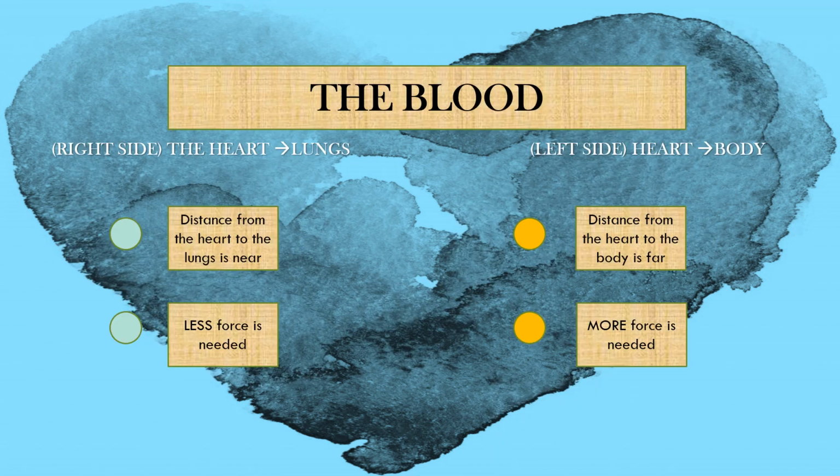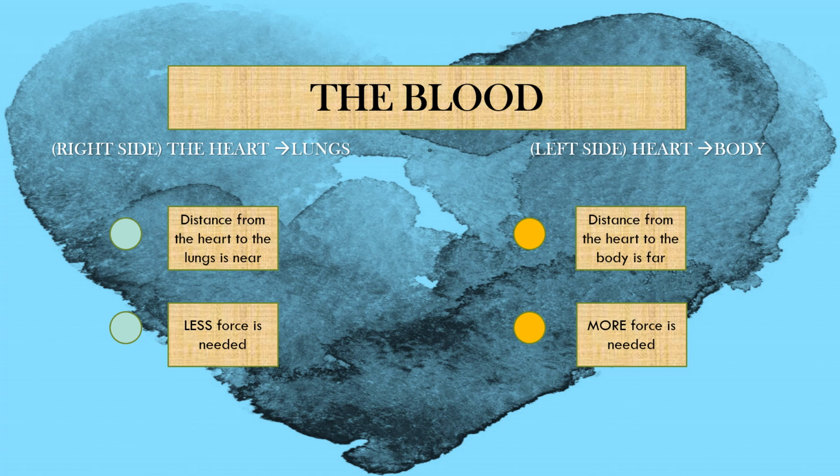The next thing that we need to consider is the flow of blood from the heart to the lungs and from the heart to the rest of the body. As the heart is the pump, it needs to apply force in order to move the blood. On its right side, the right ventricle has walls that are considered thick, but the distance between the heart and the lungs is less.